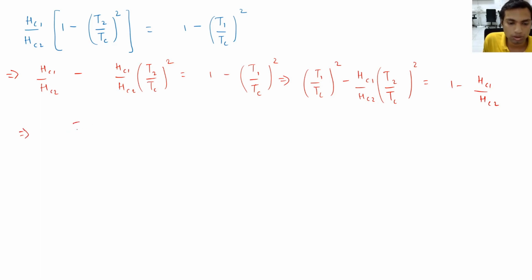So T1 square minus Hc1 over Hc2 times T2 square, divided by 1 minus Hc1 over Hc2, is equal to Tc square.